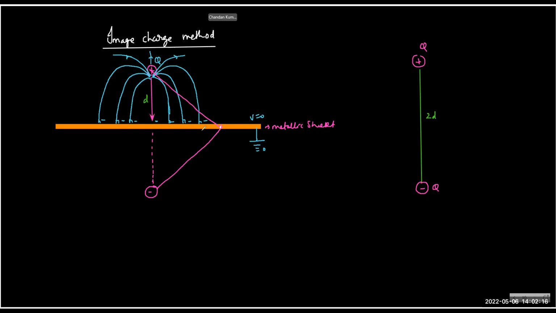So no matter where you go on this plane, it will behave as a 0 potential plane, and by assuming equal charge on top and bottom, we are making this possible. So we are recreating the situation, and therefore this is the equivalent diagram. So you can replace this by a single plus and minus, and then you can find the force between them also. So force will be how much? kq square by 4d square.